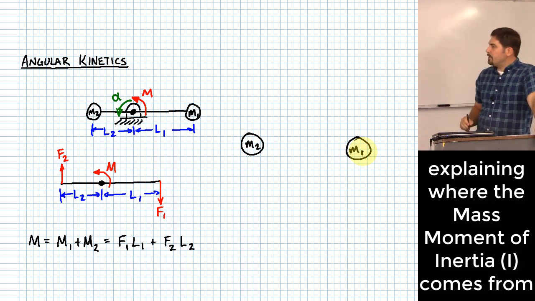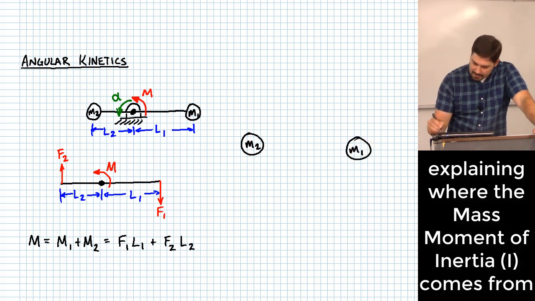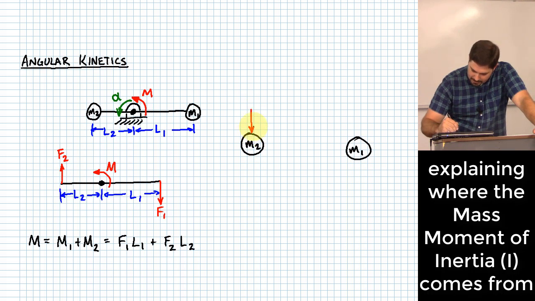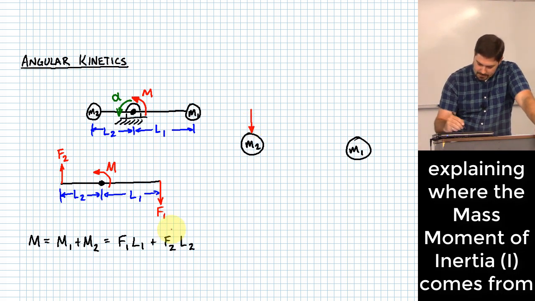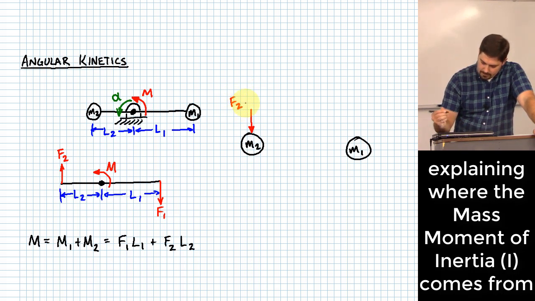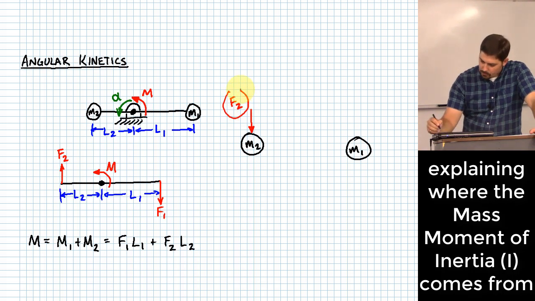If F2 is the force that's being applied to that little massless rod, then that means equal in magnitude, opposite direction would be what's applied to this M2, right? And so this F2 that we're dealing with right here, right? That's what we have for that little force.